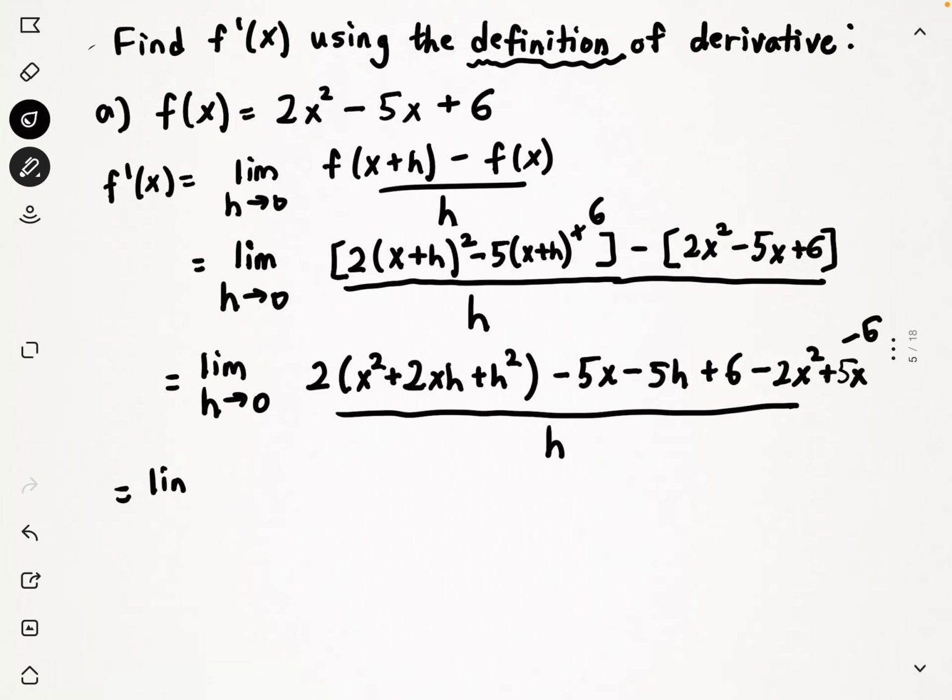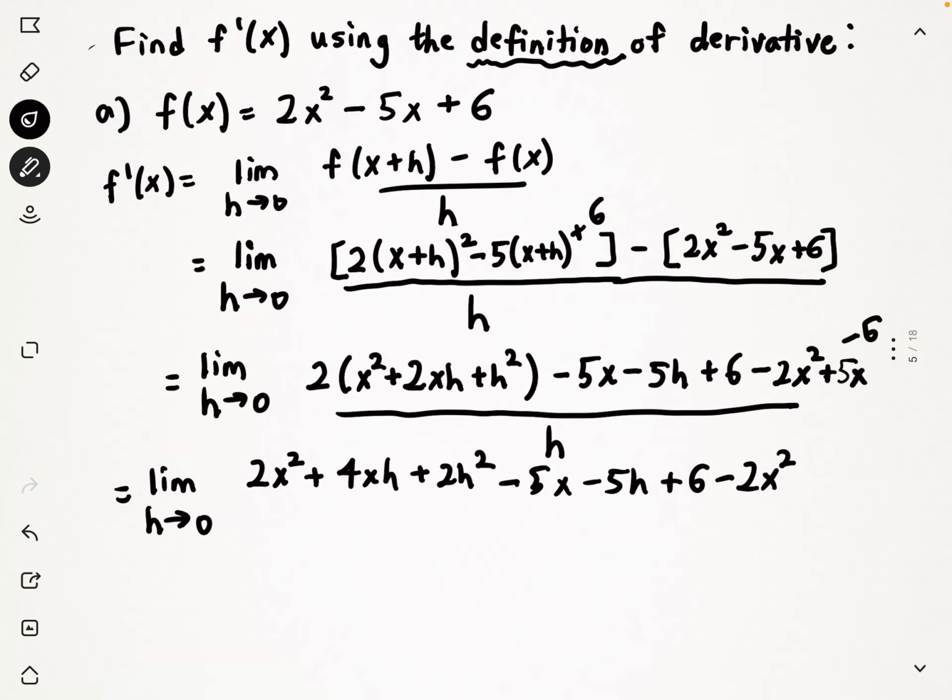So let me continue, writing limit as h approaches 0. I can multiply the 2 through that bracket. So I get 2x squared plus 4xh plus 2h squared minus 5x minus 5h, and so on. And then what you're going to find, and this happens a lot, is you're going to see some things that cancel out.